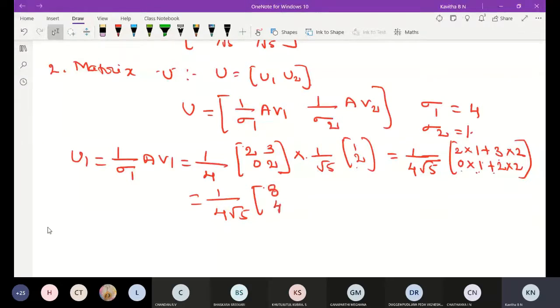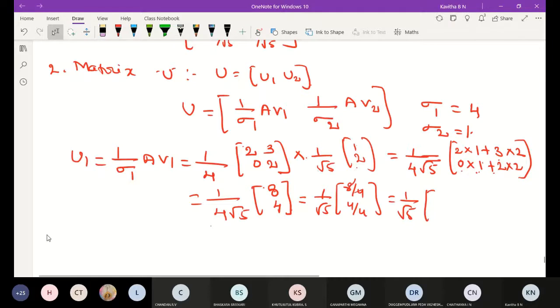Okay, 8, 4. Then next take down 1 by 4 inside the matrix, 1 by root 5, or write it outside the matrix: 8 by 4, 4 by 4. Okay, 1 by root 5, means 4 ones are 4, 4 twos are 8, means 2, 1.